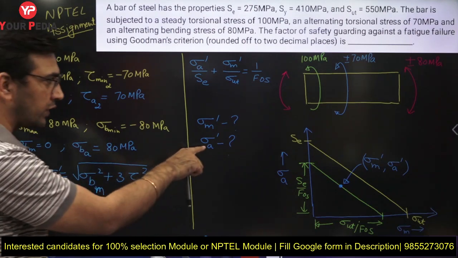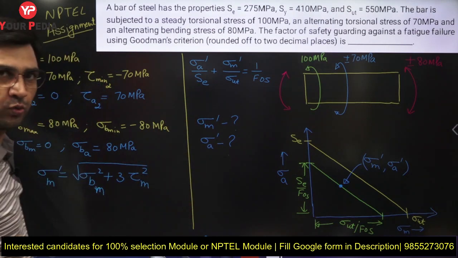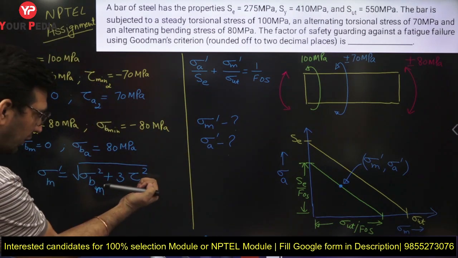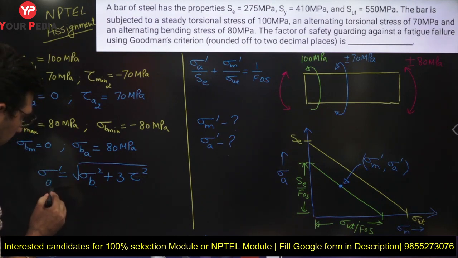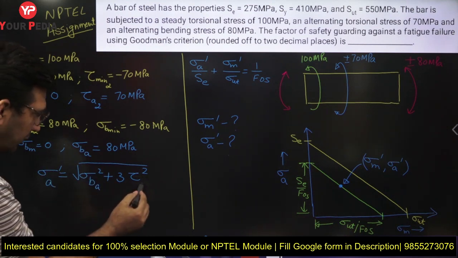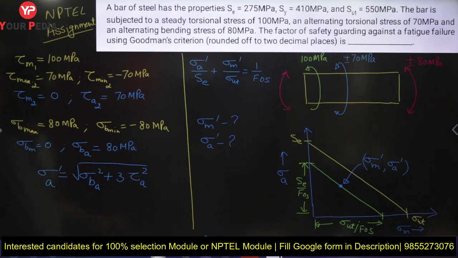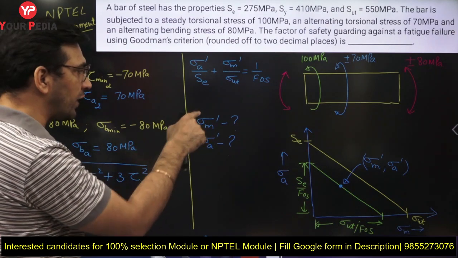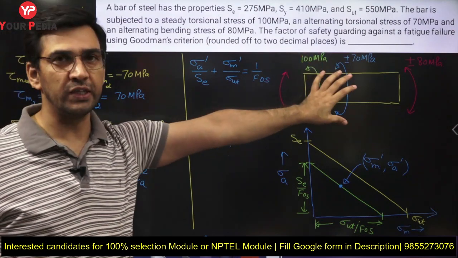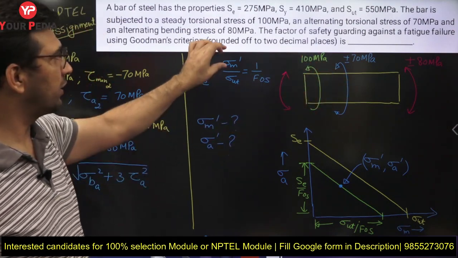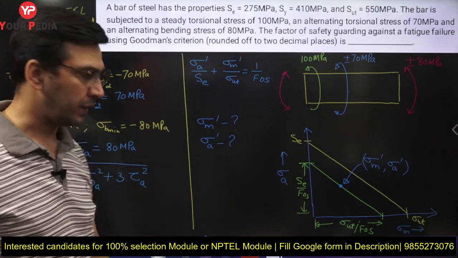If I want to find the equivalent amplitude, then instead of mean I will write amplitude: amplitude of bending and amplitude of the shear stress. That way I will get the equivalent mean and equivalent amplitude of stress for this combination of loading, and I can directly input this formula and my job will be done.